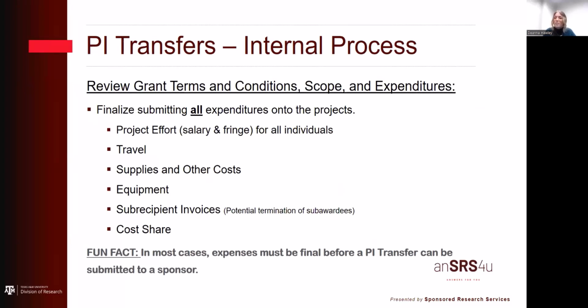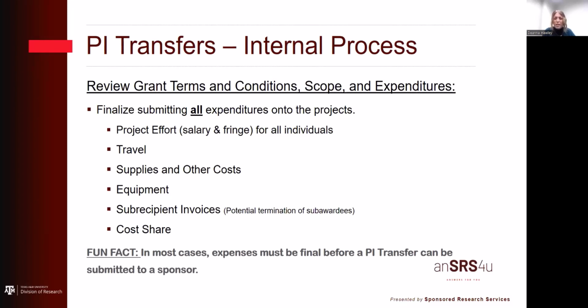As we go through this internal process, we're coming to our next step to review the grant terms and conditions, the scope of work, and expenditures again to make sure we did not miss anything along the way thus far. Finalizing and submitting all of the expenditures onto the research projects is a really complex step, as we said before.